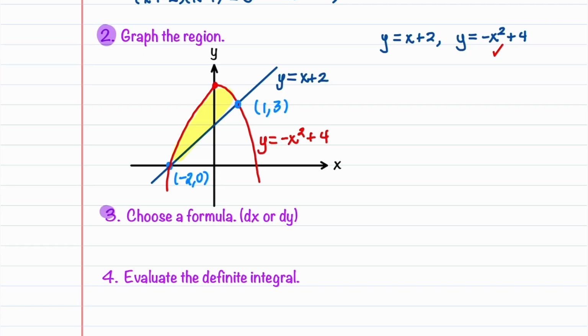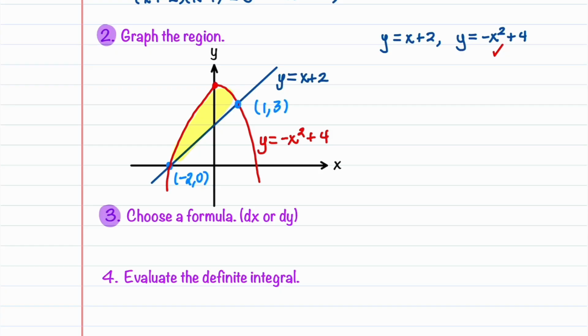The next thing that we're going to do is choose the formula for our area. We need to choose the formula based on if we want to integrate with respect to x or with respect to y. If we integrate with respect to x, we want one curve on the top and one curve on the bottom.